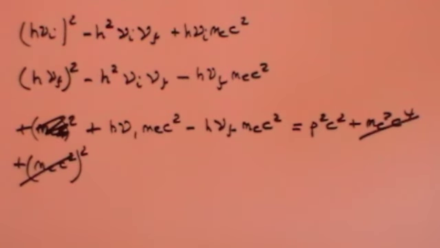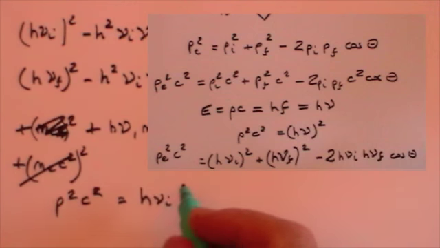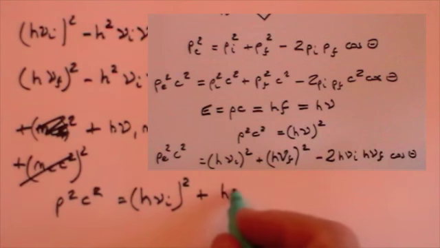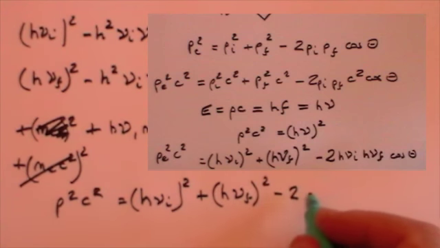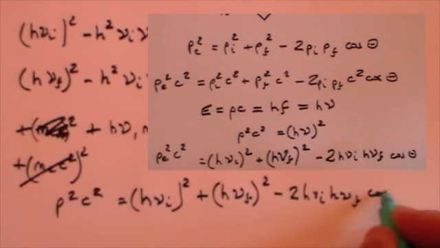Then I can remind you that we derived a formula for p squared c squared, and that, which I'm showing you now, but I'll just write it out again for you, was (h nu I) all squared plus (h nu f) all squared minus 2 h nu I h nu f cosine theta.